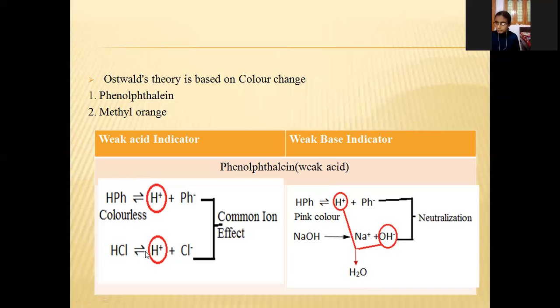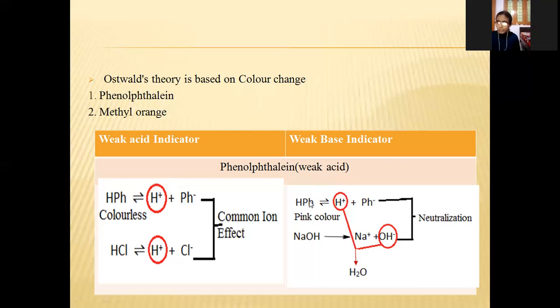Means this phenolphthalein, when we add it in the acid solution. So basically phenolphthalein is weakly acidic in nature. So when this phenolphthalein is dissolved in the acidic solution, due to the presence of the common ion H plus and H plus, the common ion effect will be formed. So there won't be any color change.